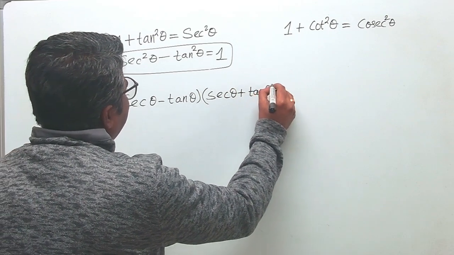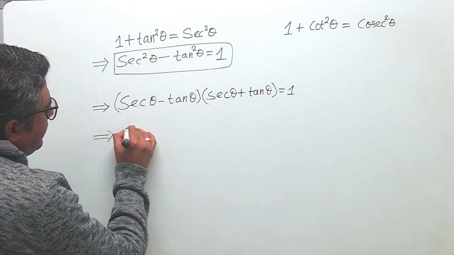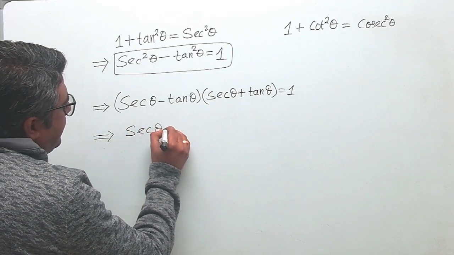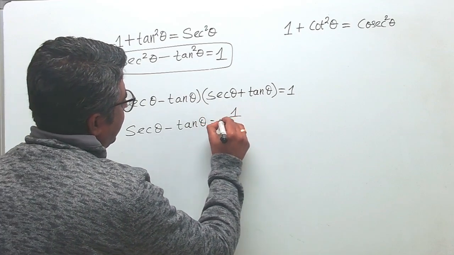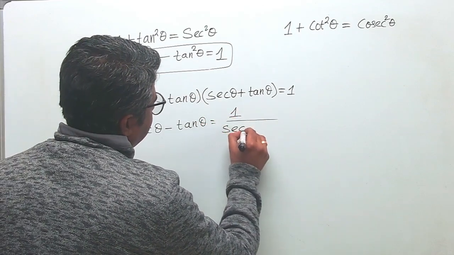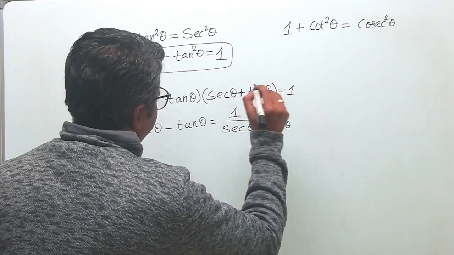Why am I doing this? See, I will show you why. Sec theta minus tan theta is equal to 1 by sec theta plus tan theta. Come on, why am I doing this?